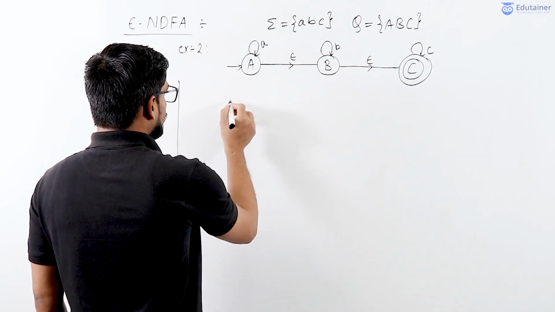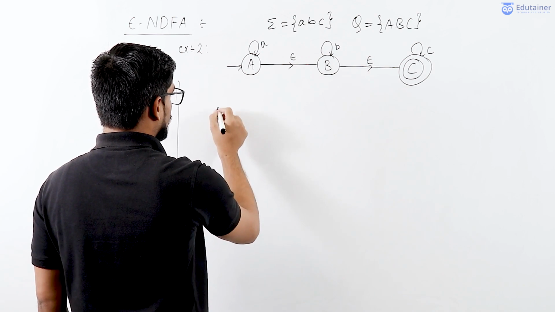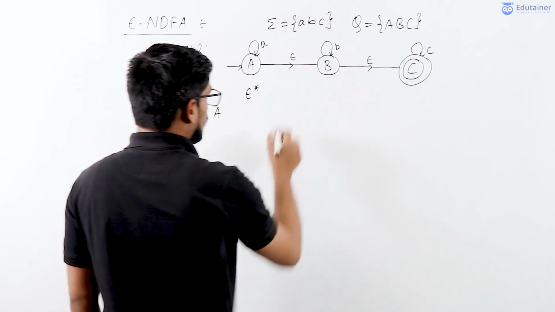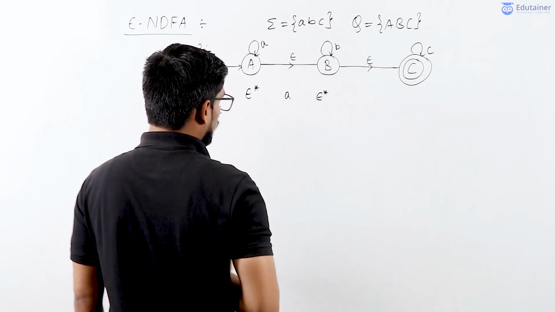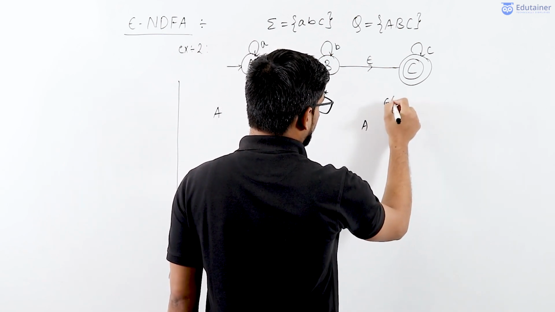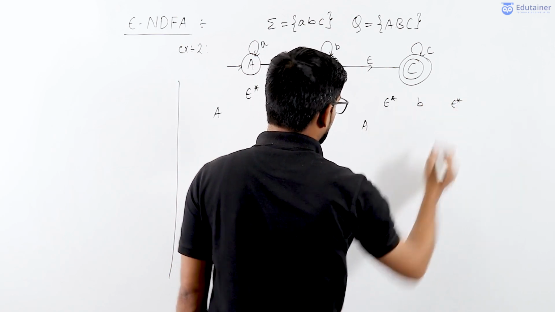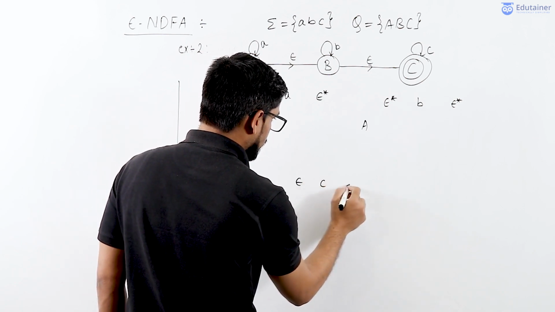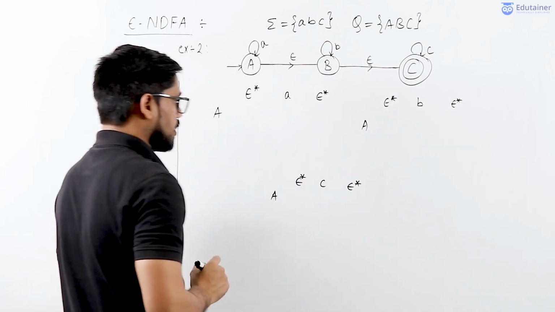Okay. Now, first I will consider state A. State A on epsilon star, a and then epsilon star. Okay, and for state A, epsilon star, b and epsilon star, and the last is epsilon star, c, epsilon star. So here 3 input alphabets are given.